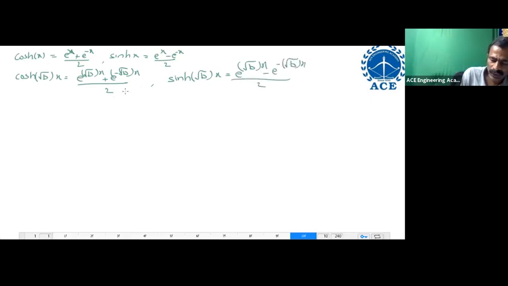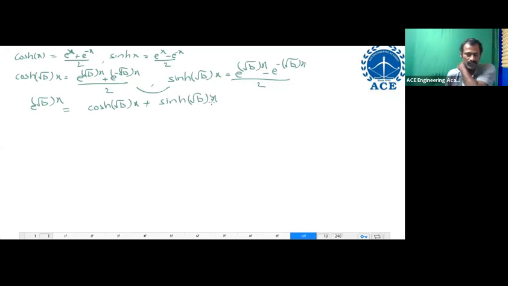If we add both sinh and cosh, the negative powers will get cancelled. We get the positive power terms with 2 times. So e power root b x equals cosh root b x plus sinh root b x.